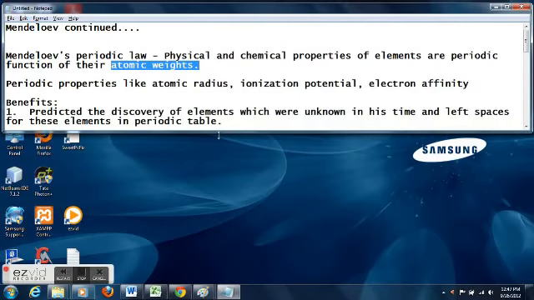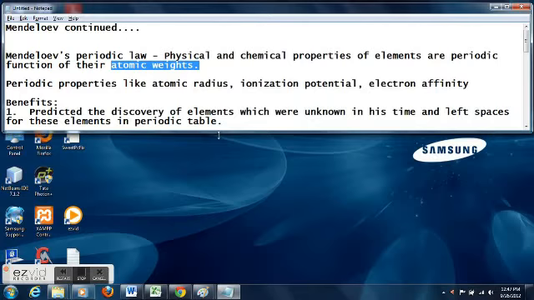Now there are some tremendous benefits of Mendelev's periodic law and from periodic table. Some of the benefits are, during his time there are certain elements which were not known, but he predicted them.